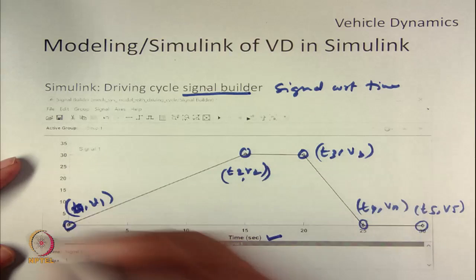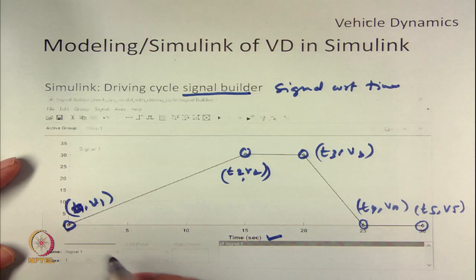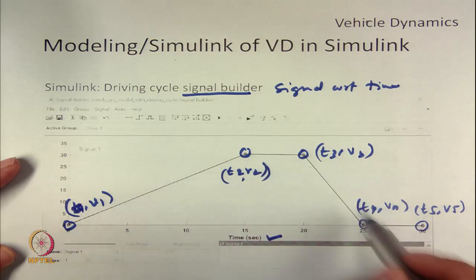All these coordinates can be selected in this signal builder, and we can get any driving cycle profile we need. We have seen that the SAE J227 driving cycle profile is very similar to this.